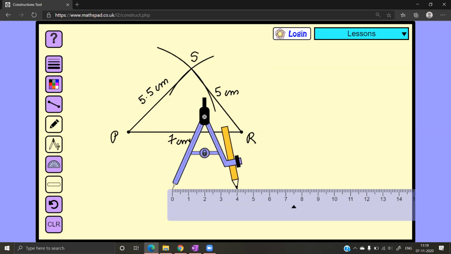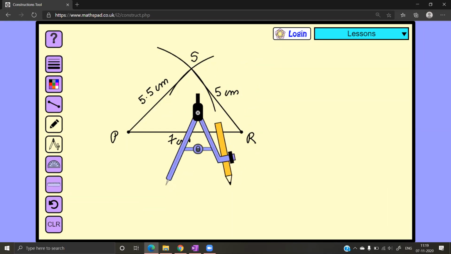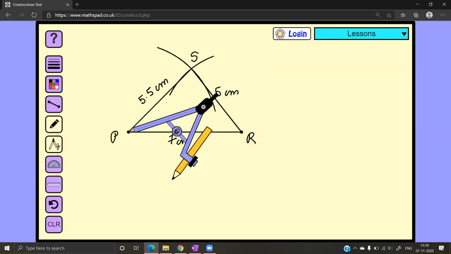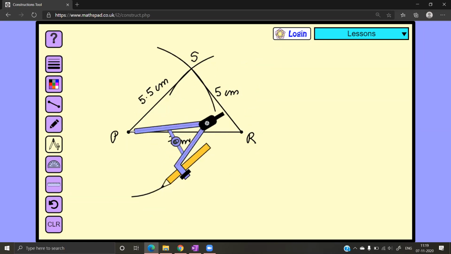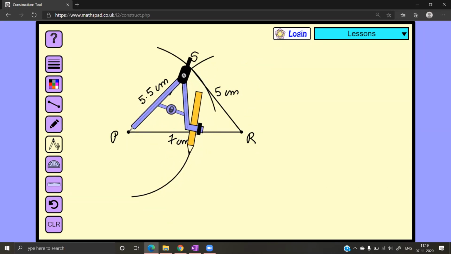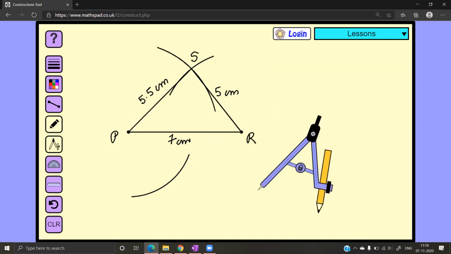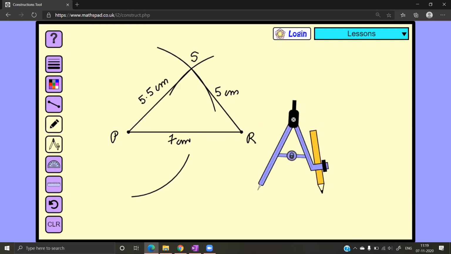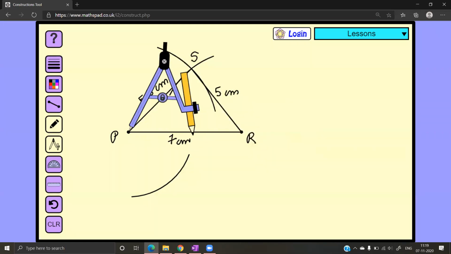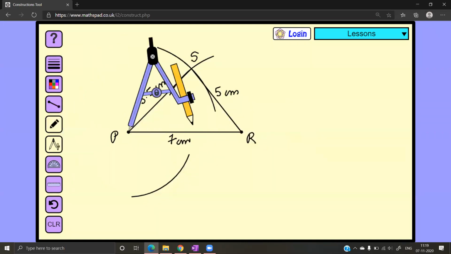And I'm going to draw an arc from point P below my diagonal. This was from P here. By opening the compass 4 centimeters.